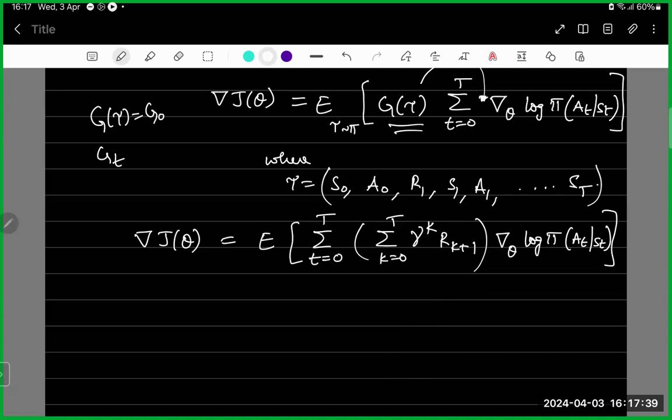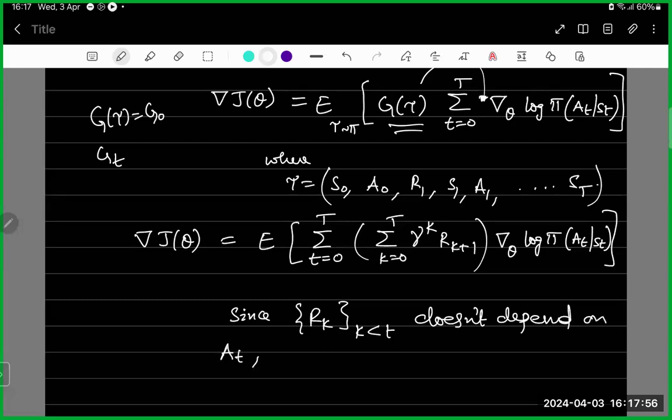So what I'm claiming is, if it doesn't depend on AT, this is just like any other B which doesn't depend on AT.